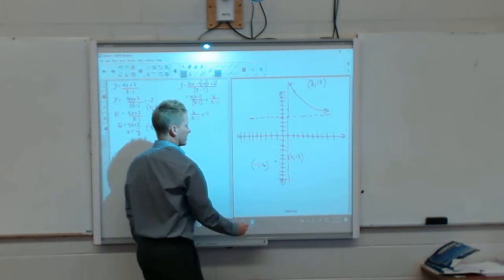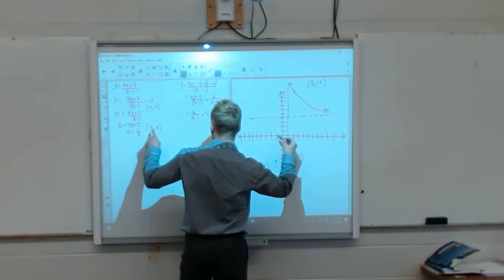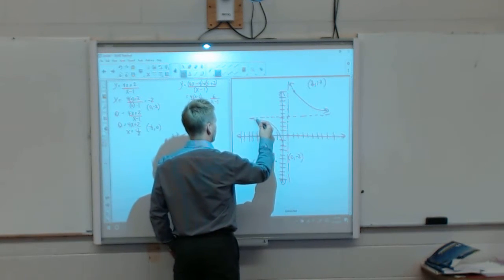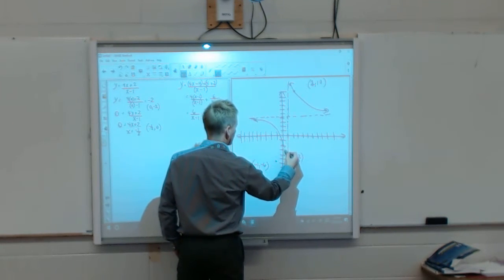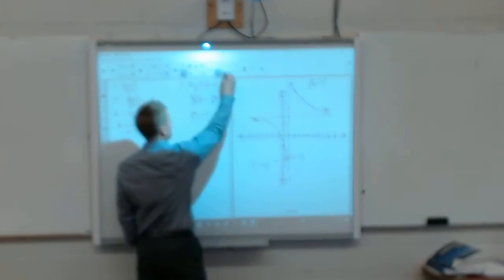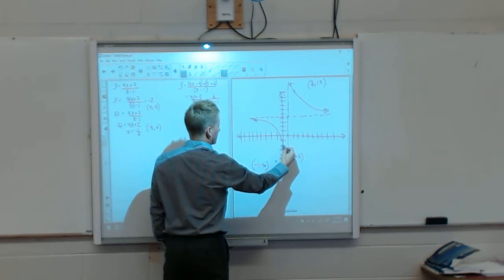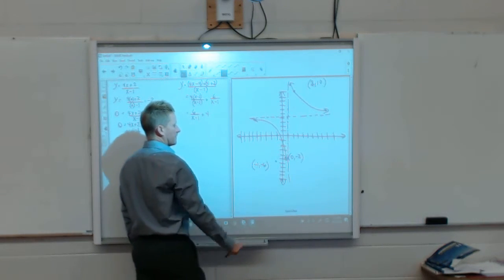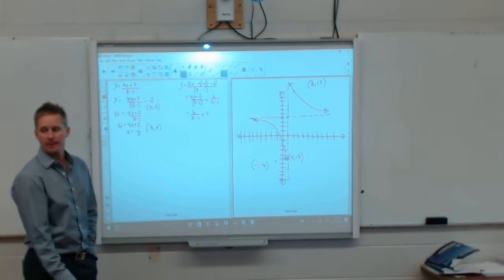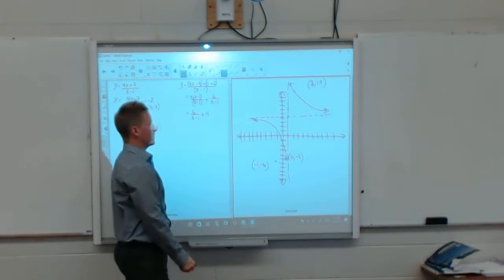And what we have to make sure of right here is it's got to go through -0.5 and 0. So it's got to go through that and that. So my intercepts are right there. This also happens to be one of my invariant points that we started with. And there's my invariant point there.